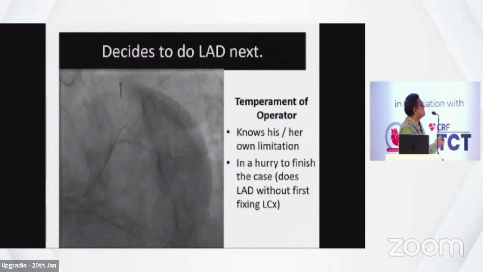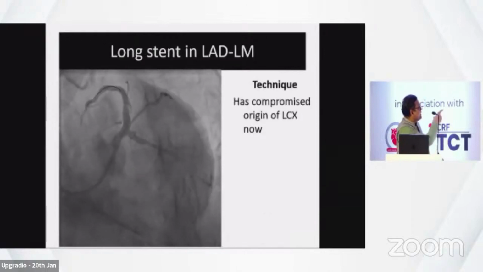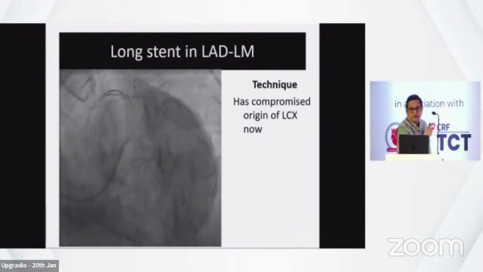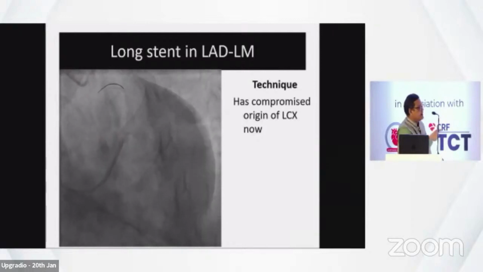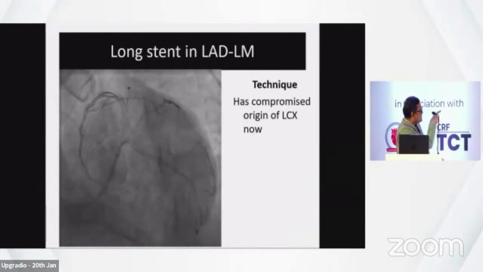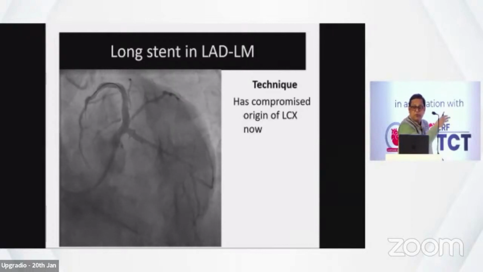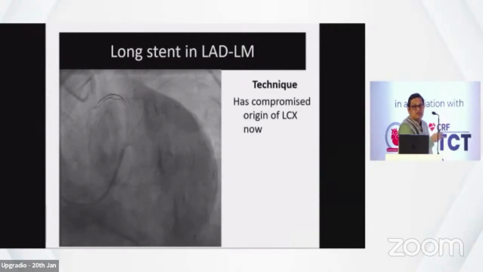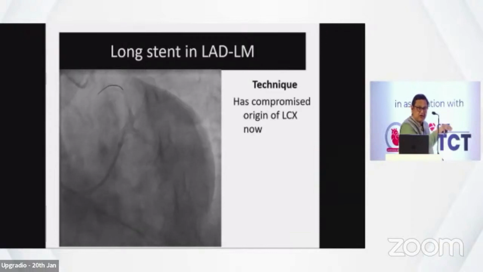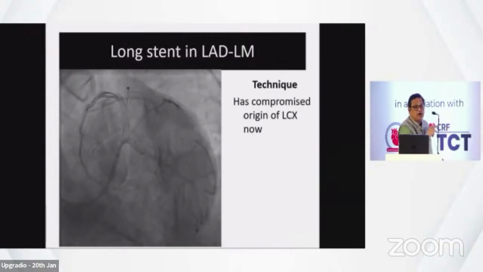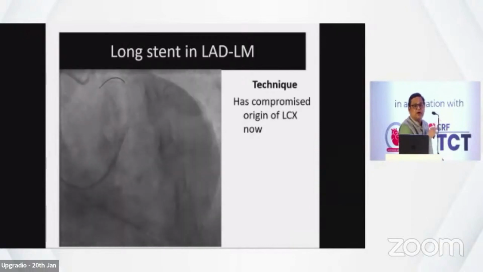The problem is that while stenting, he gets into the left main. So it is an LAD-into-left-main stent, which has, now you can see, also blocked the origin of the circumflex. So the stent has crossed the circumflex origin, and now you can see how difficult it has become to tackle this part of the stent.